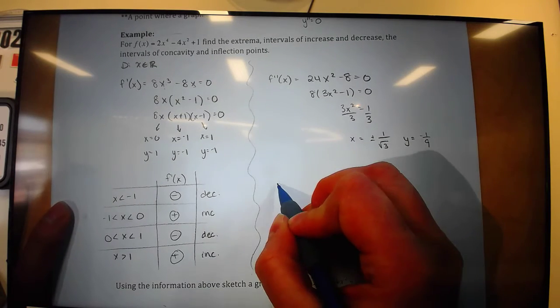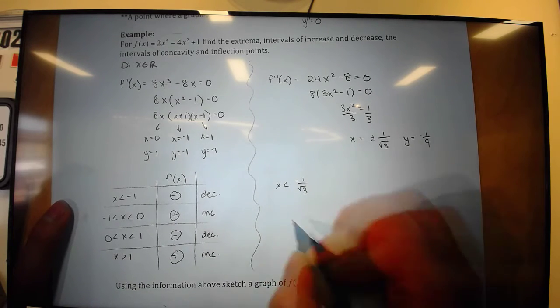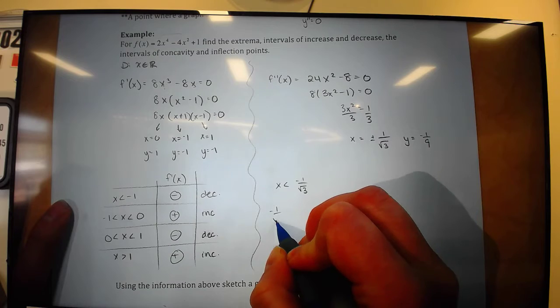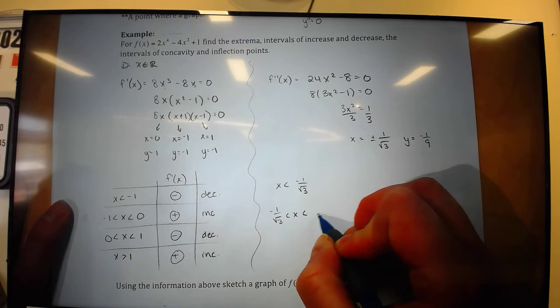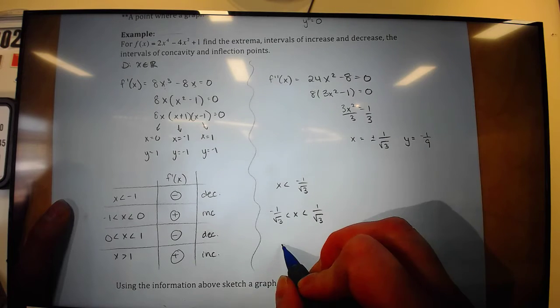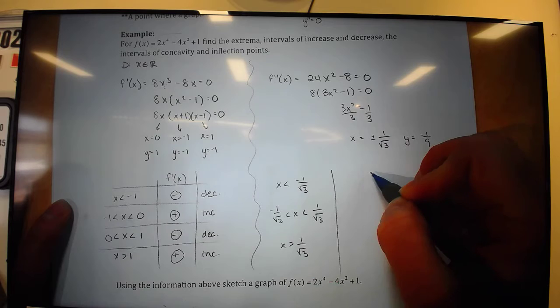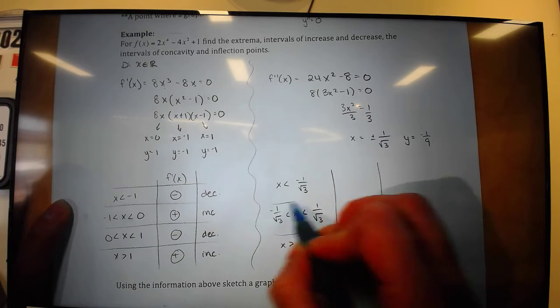So we want to look at where x is less than negative 1 over root 3, then where x is between negative 1 over root 3 and positive 1 over root 3, and then where x is greater than positive 1 over root 3. So same sort of deal.